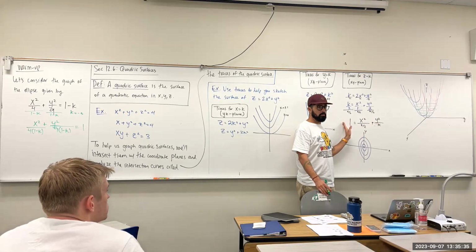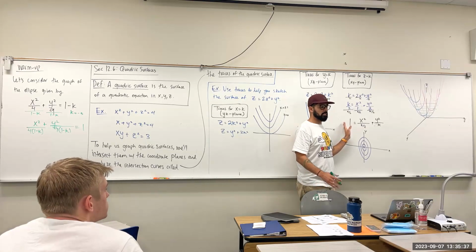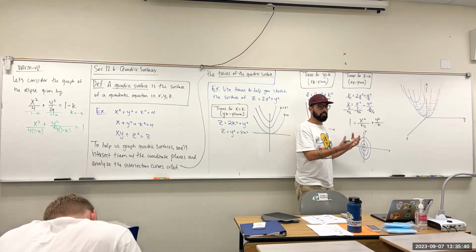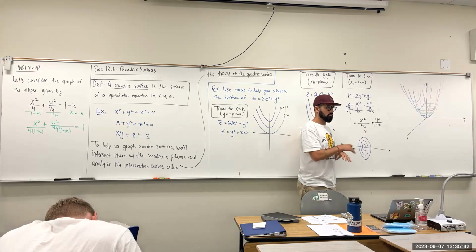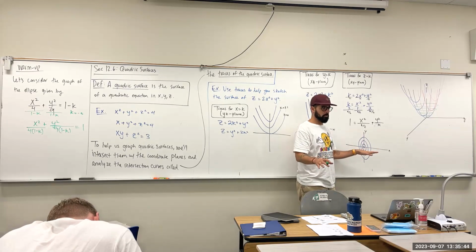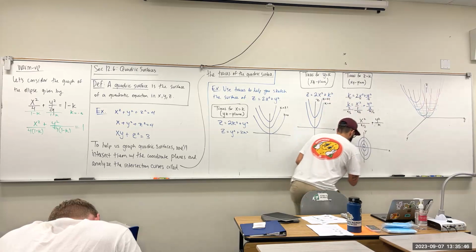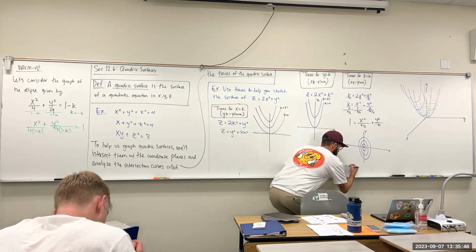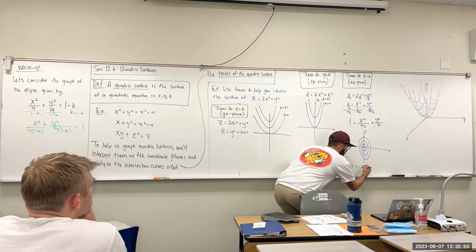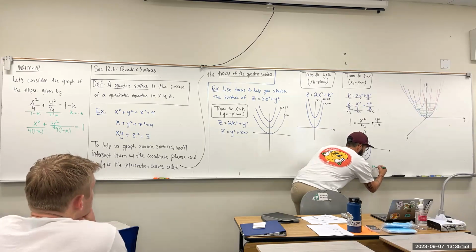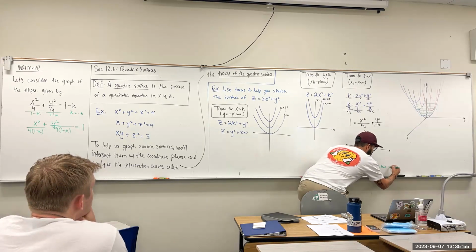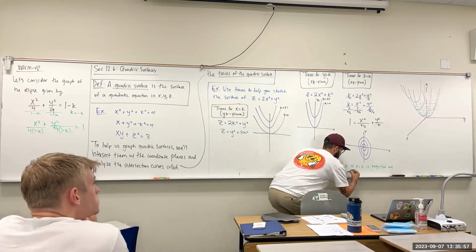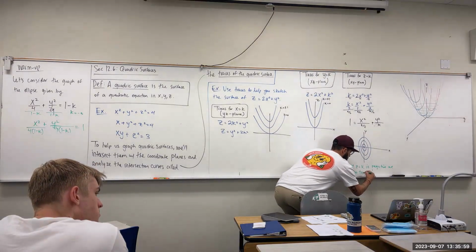No. So in this case, that tells you that this is undefined if z is negative. So there is no graph. Okay. So note, if z equaling k is negative, we have no traces. We have no traces.